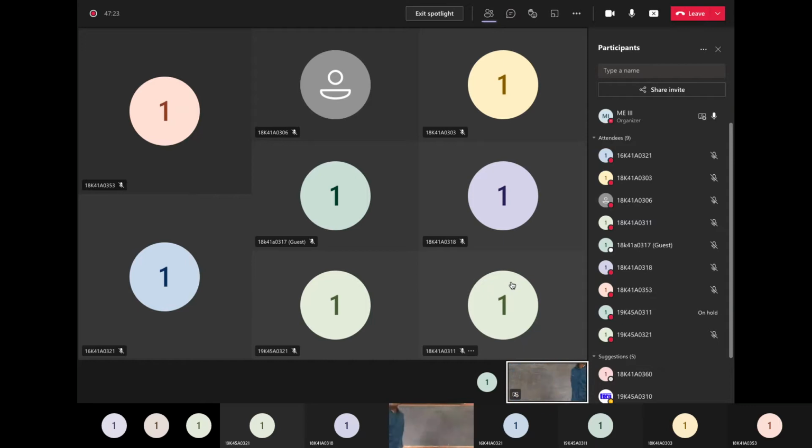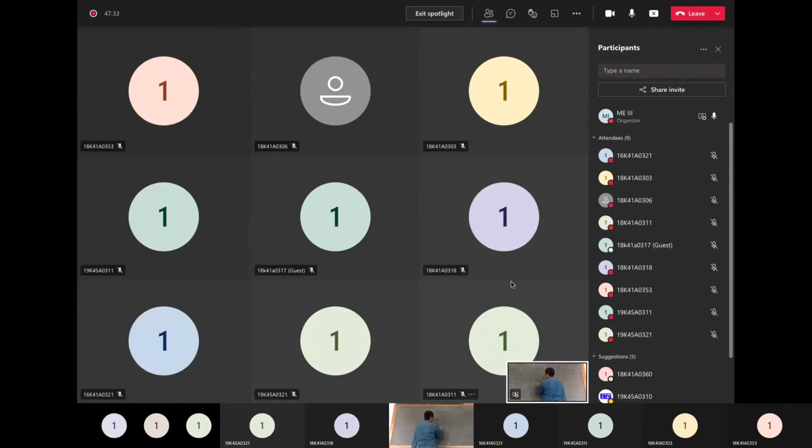In the exam, if they try to change the question model, they can change the cross-sectional area also. I'm trying to keep it simple, so I have drawn a simple geometry here.